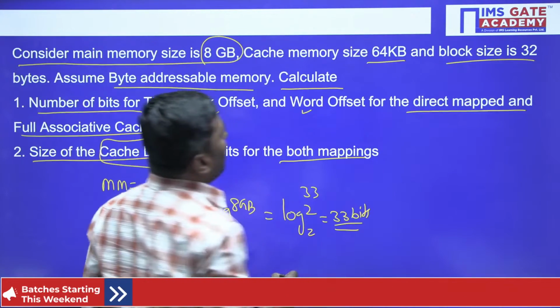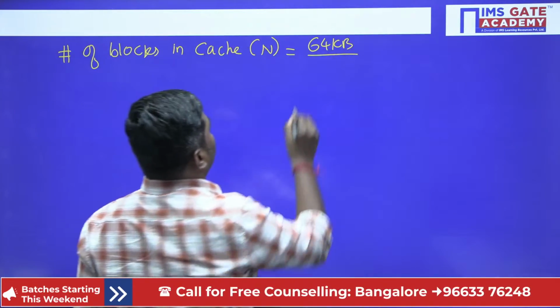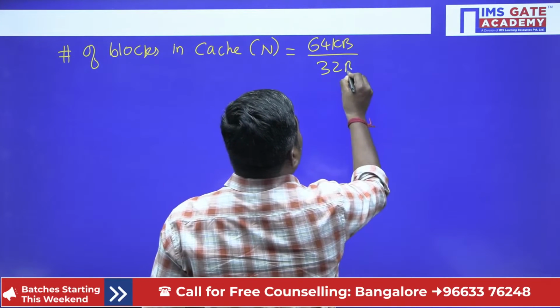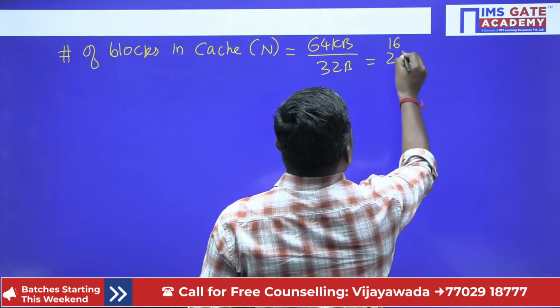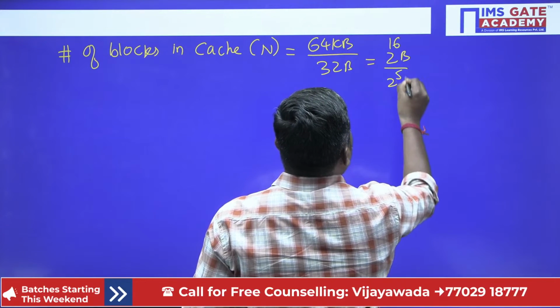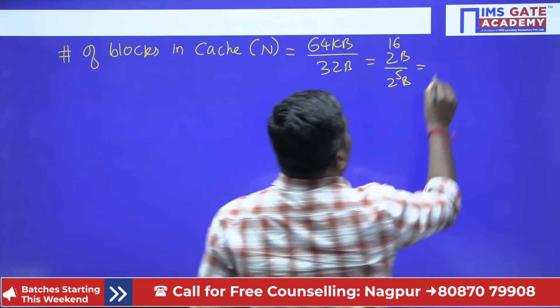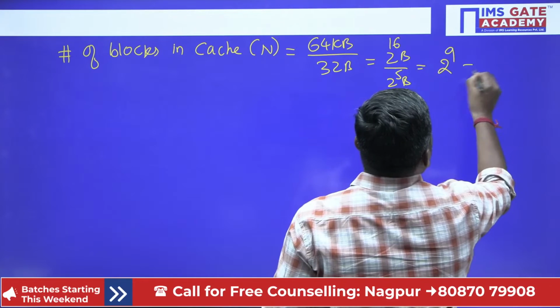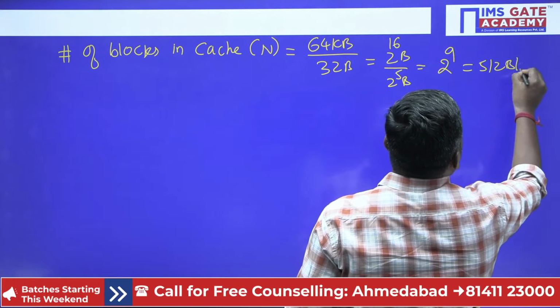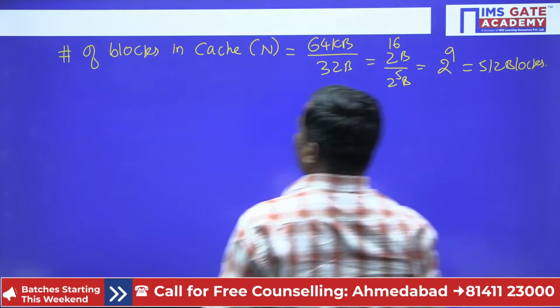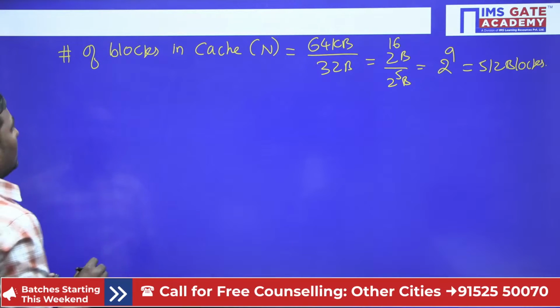What is the block size? Block size is 32 bytes. So we can express 2 power of 16 bytes by 2 power of 5 bytes, giving 2 power of 9. So 9 means 512. 512 blocks we got.